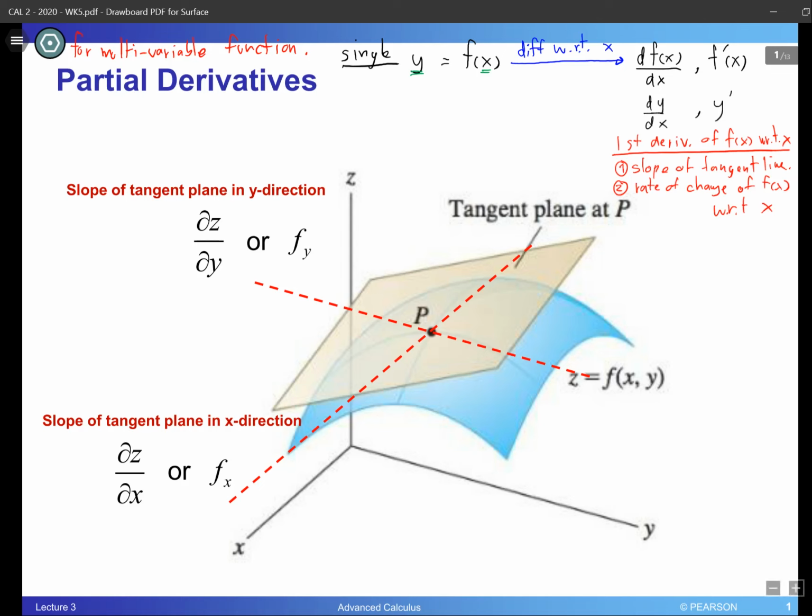Now back to this new topic of today, which is the partial derivative. We are going to apply it on multi-variable functions, and it's going to be quite similar to what we just did. In terms of multi-variable, we are going to have f of x and y instead.